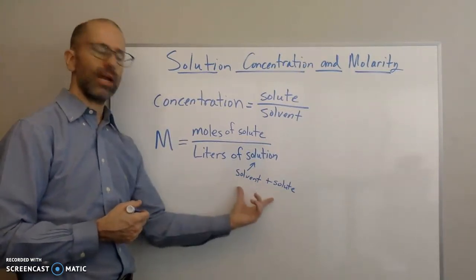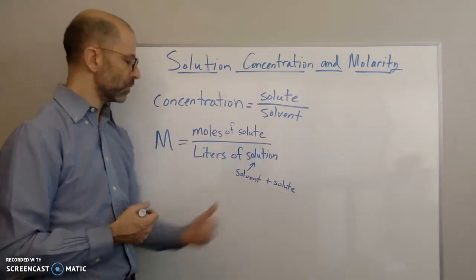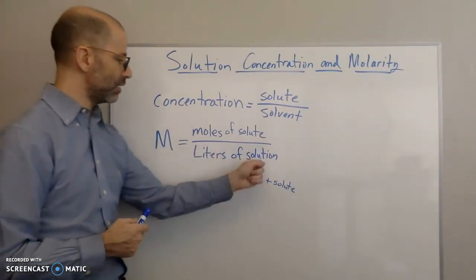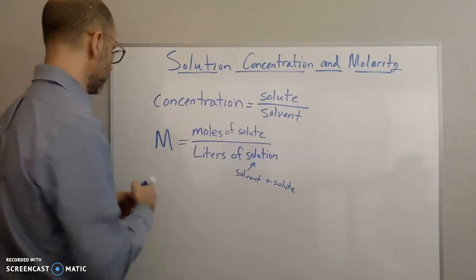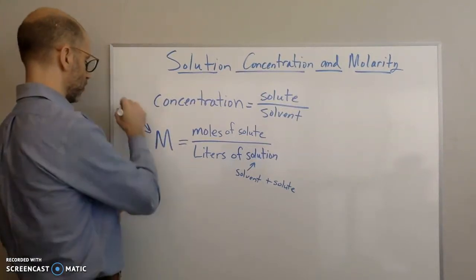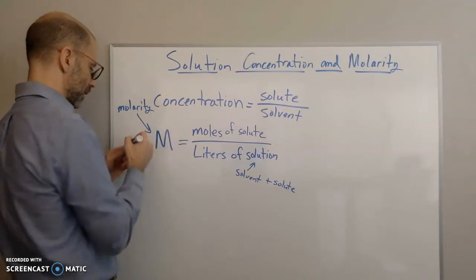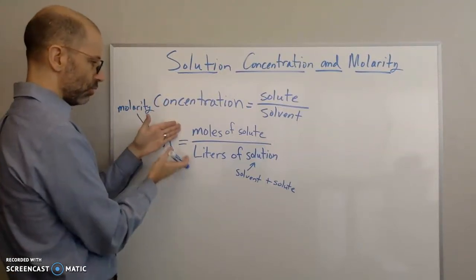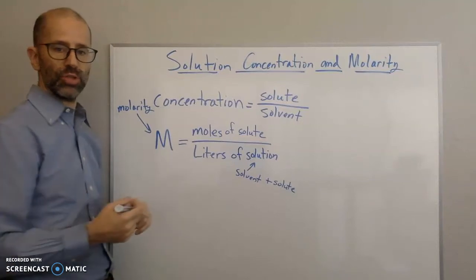So just keep in mind that the solution is the solvent plus the solute. Okay, so this is not solvent. So the definition of molarity, capital M, is the ratio of moles of solute to liters of solution.